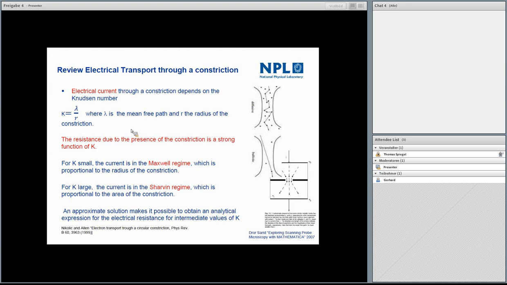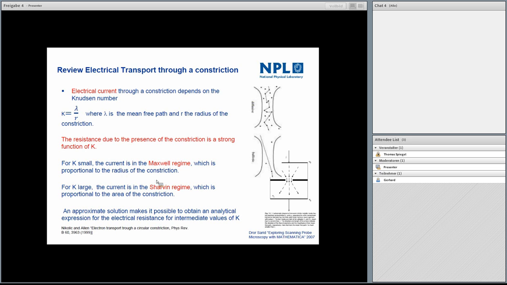The Knudsen number is defined as the ratio of the mean free path of, for example, the electron, if we are talking electrical transport, and the radius of the constriction. It seems a bit weird to use this concept, but when you realize that the radius of the contact between the tip and the surface is in the nanometers, you realize that we reach a regime where we need to be a bit careful.